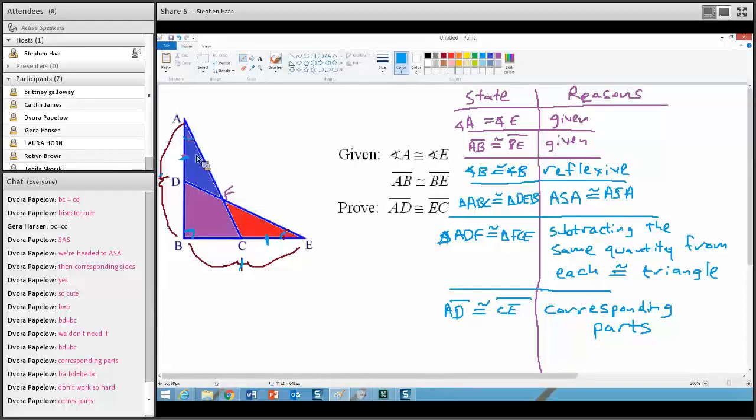Corresponding parts gives you AB and BE. Remember, if you haven't proven the smaller triangles, I don't see what gives you this and this. The whole sides it gives you, but let's say this and this, I don't see how those wouldn't be corresponding parts of the entire triangle.